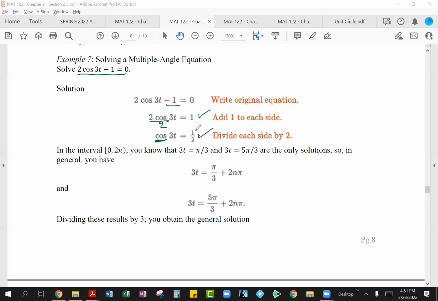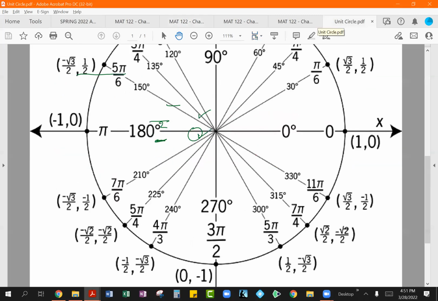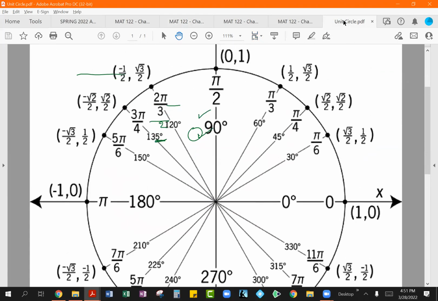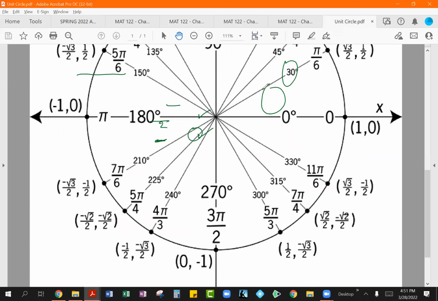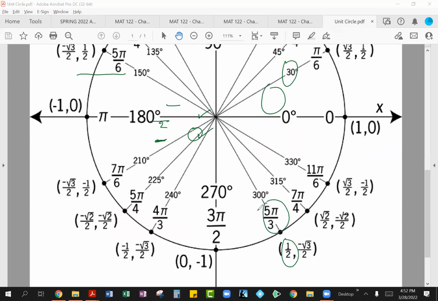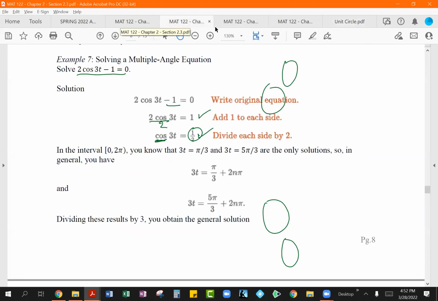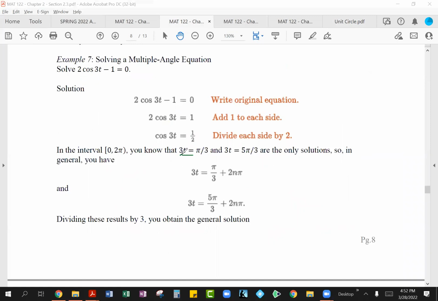Where is our cosine function going to equal 1/2? What value is that going to be? Of course we know cosine is going to be 1/2 at pi over 3, and the cosine function is also going to be 1/2 at 5 pi over 3. So using that, you can see 3t is going to equal pi over 3 and 3t is going to equal 5 pi over 3.